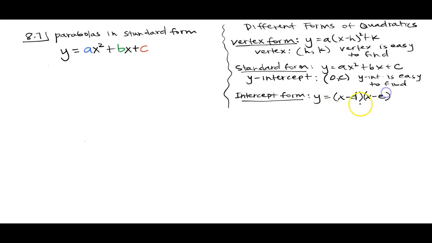I'm using different variables than we've used up here because they don't mean any of those. That d and e are our x-intercepts. The intercepts would be d comma 0 and e comma 0. So in this form, the x-intercepts are easiest to find.